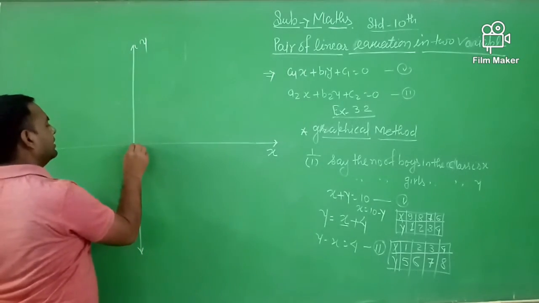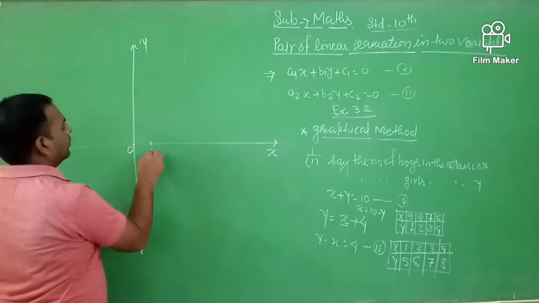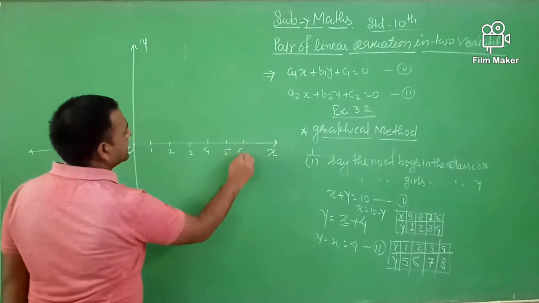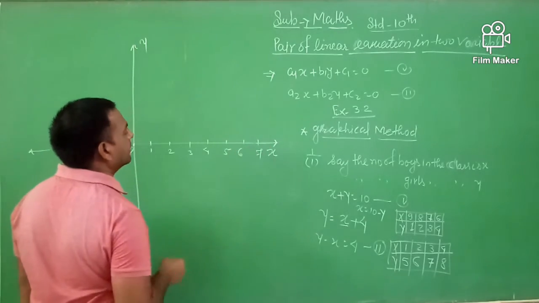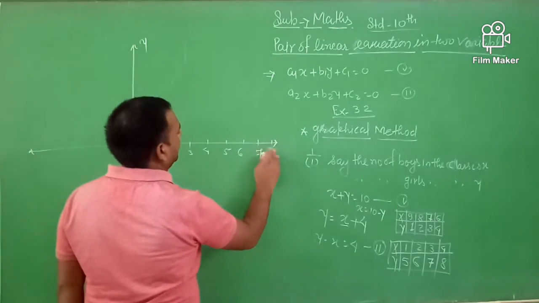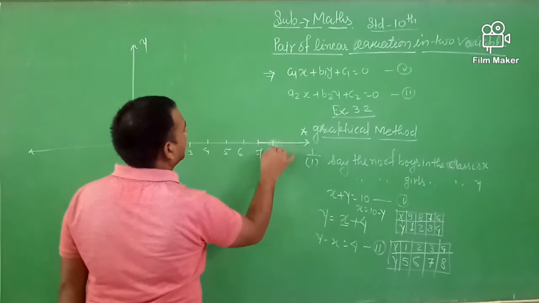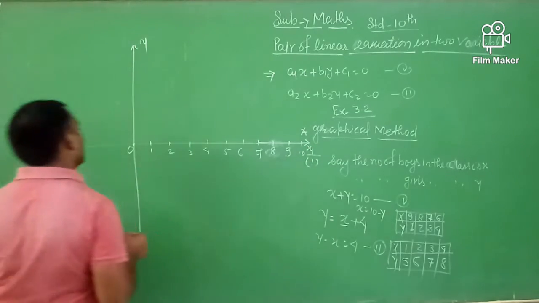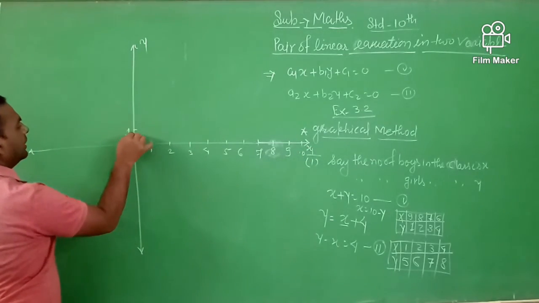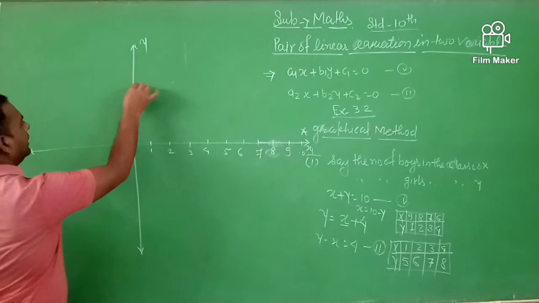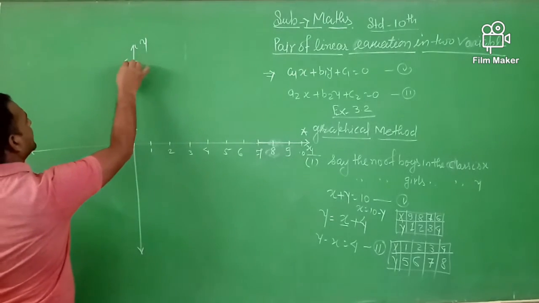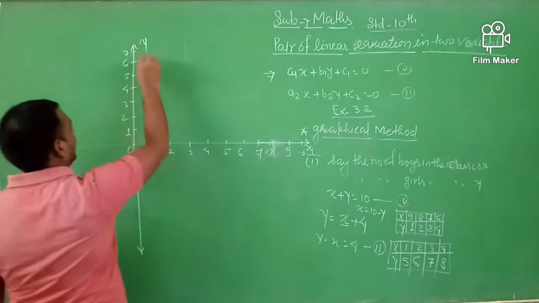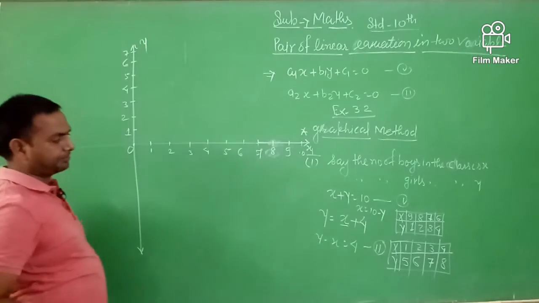Here it is the origin, then 1, 2, 3, 4, 5, 6, 7 and 8, also 9 and 10. This is the x-axis. Next in the y-axis 1, 2, 3, 4, 5, 6 and 7. This is the y-axis.